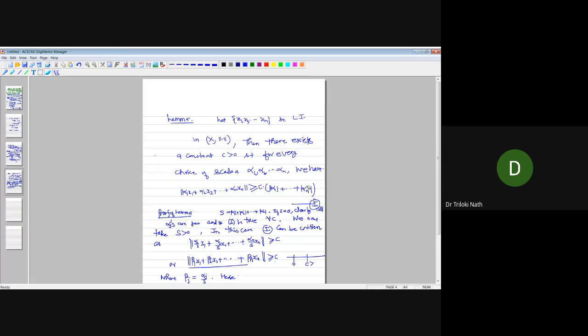C is bigger than 0, a constant. The norm of beta 1 x1 plus beta 2 x2 plus ... plus beta n xn cannot cross this. It will always be here, because it is bigger than or equal to C. So this is the norm of the summation of beta j xj.